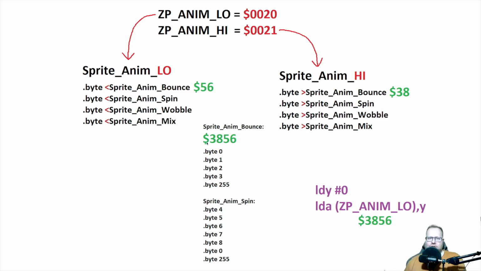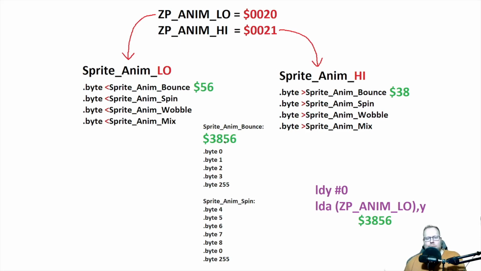To use this as an example, I just set a random memory address here, just so that we can have a number. I don't know where this is in the RAM for real, right? But let's just imagine that it's at memory address 3856. So that's where this table starts. That's where we have sprite anim bounds.